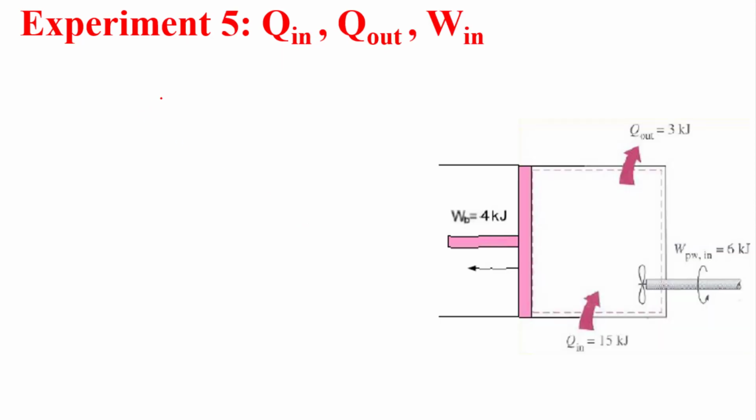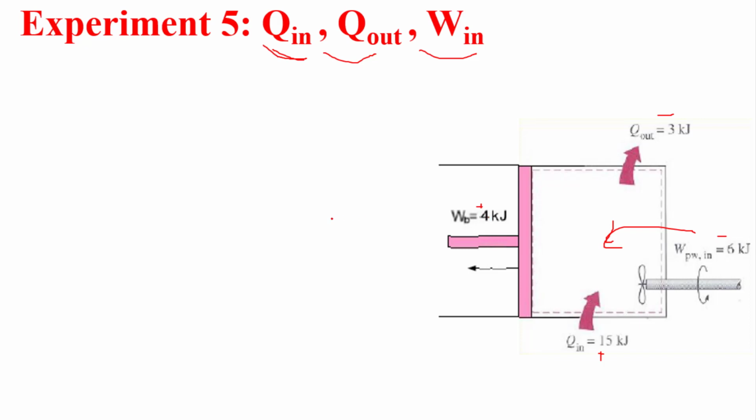Experiment 5. If we have Q in, Q out, and work in. Q out is minus, Q in is positive. Here we have work in, this is minus again, and here we have work out, work done by the system, which is positive.